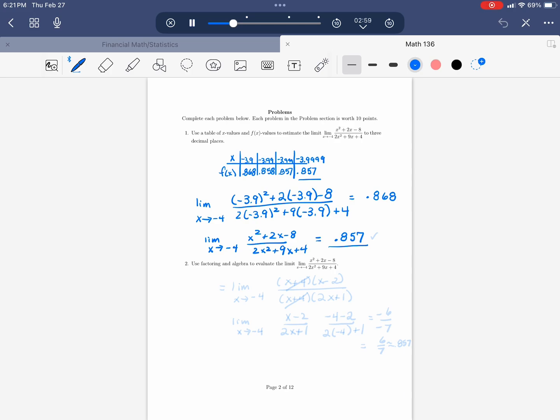Use factoring and algebra to evaluate the limit. And it says the limit as x approaches -4 for this function. And since we're going to use factoring, it's going to look like this. We're going to factor the top.